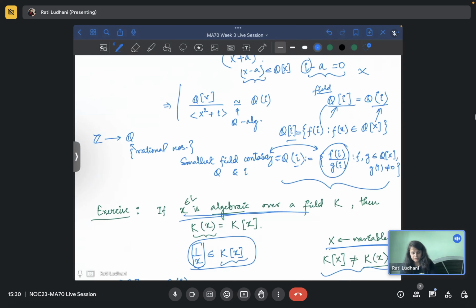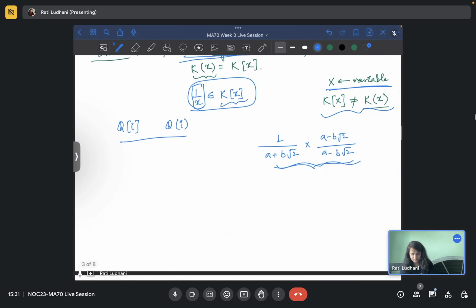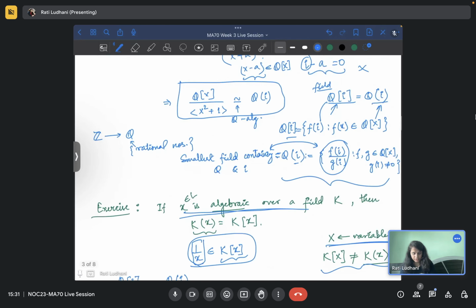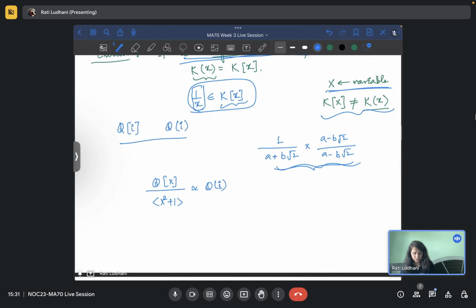So from this, and from this property, I'll write again, Q[x] modulo x square plus 1 is isomorphic to Q(i). Next, the degree of the minimal polynomial of i over Q should be equal to the dimension, or degree of the extension, of Q(i) over Q, that we also did in the notes in the lectures.